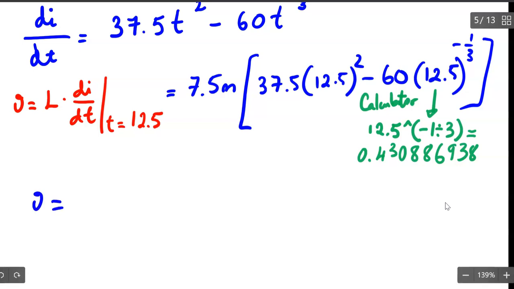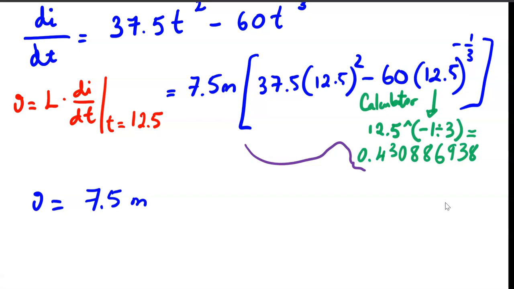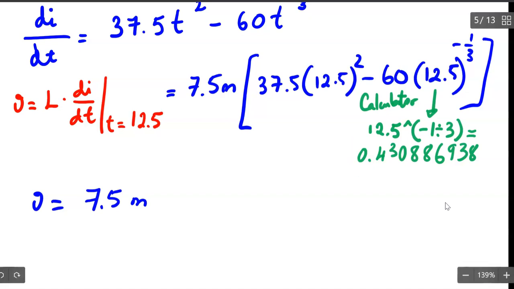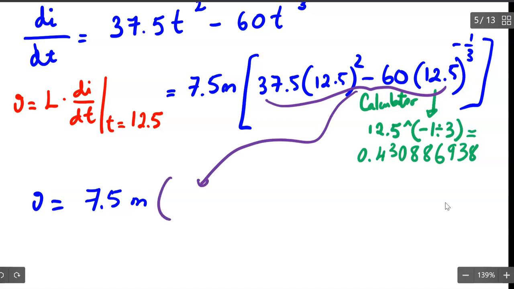So V will be equal to 7.5 milli, and all of this number that I have in here. This number will become 5833.521784.